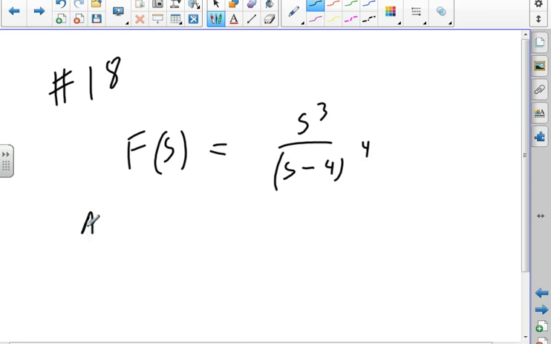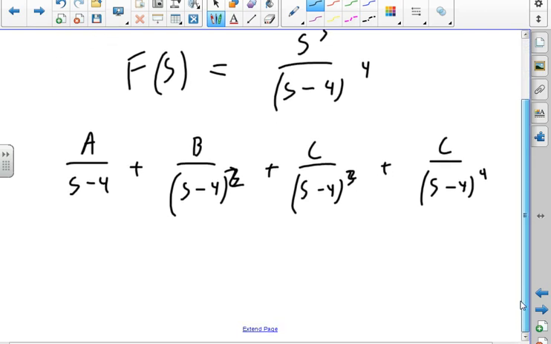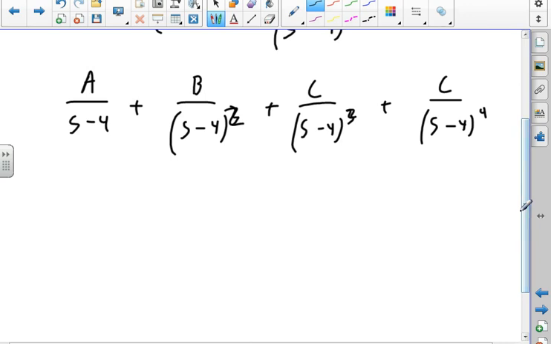Okay, so we're going to have a over (s minus 4), b over (s minus 4) squared, c over (s minus 4) cubed, plus d over (s minus 4) to the 4th power. Okay, that's interesting.